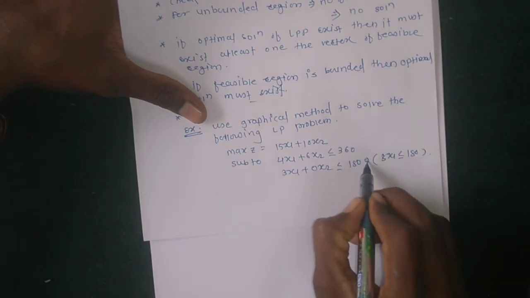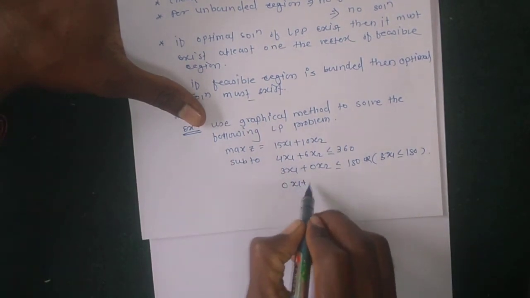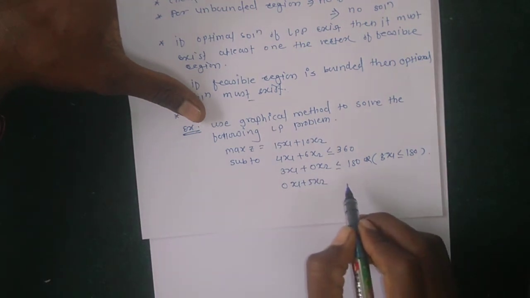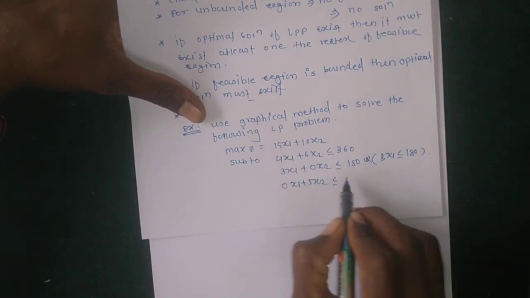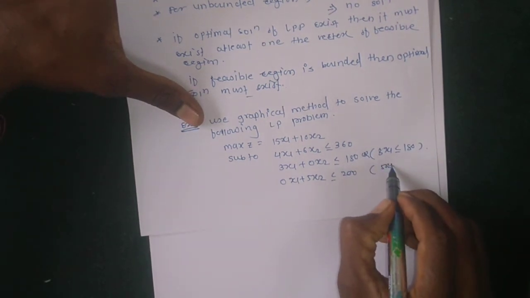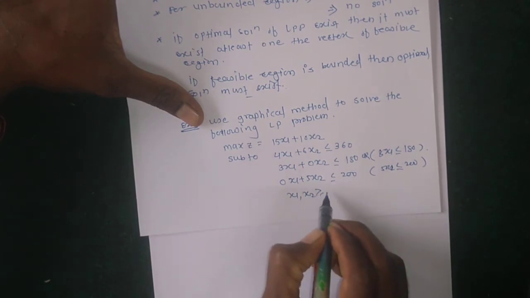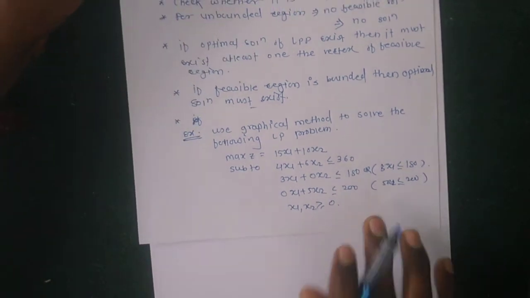The last constraint is 0x1 plus 5x2 less equal 200, also written as 5x2 less equal 200. The non-negativity conditions are x1, x2 greater equal 0.